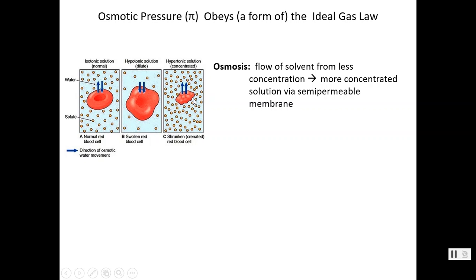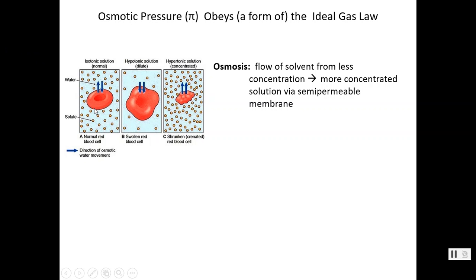Similarly, you could have another bad situation, where you have a red blood cell that's in a very concentrated solution, where the movement of osmosis is such that it's going to shrink the red blood cell. So obviously, we want the cells in our body to not explode and not shrink. We want them to maintain their normal shape.